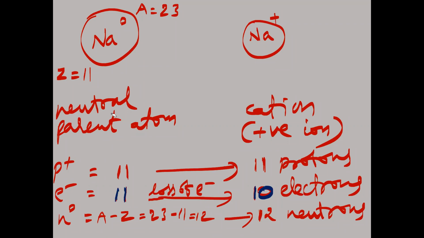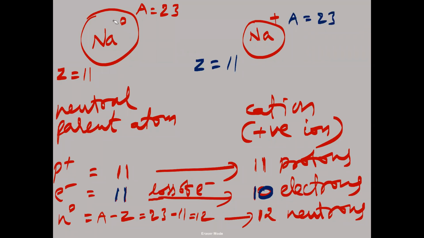See here, in the neutral parent atom there are 11 electrons, so the atomic number is also 11. In the Na plus cation there are 10 electrons, but the atomic number is not 10 here. The atomic number is 11 only, and the mass number A is also 23.